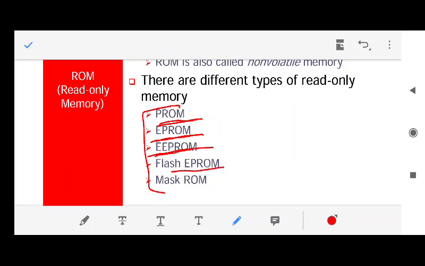Flash EPROM is similar to your USB pen drive. Pen drive is also known as a flash card. So flash means you can read and write by using electrical signals any number of times. Fine. And maskable ROM means by using some masking signals you can write your code on the ROM. So these are the different types of ROMs which are available in the market.